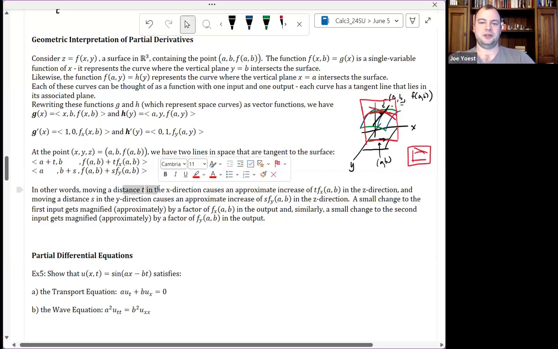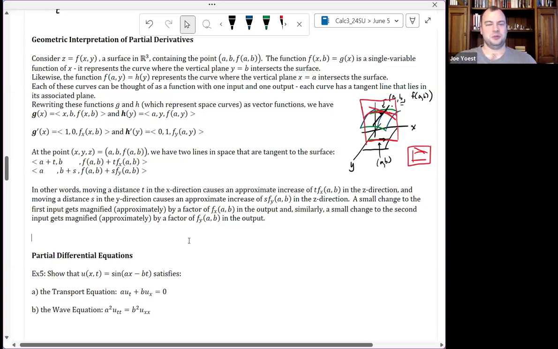So if we move a distance t in the x direction in the input space, that causes an approximate increase of t times f_x of a, b in the z direction, right? Moving t units in x changes my output, my height, my z value by approximately t f_x. And similarly for moving s units in the y direction, causes approximately an output change of s f_y.